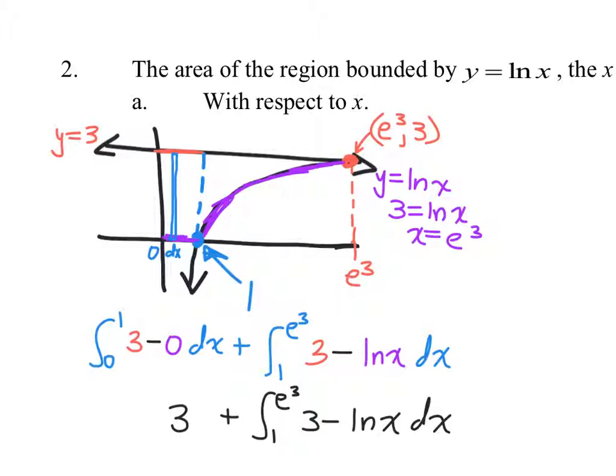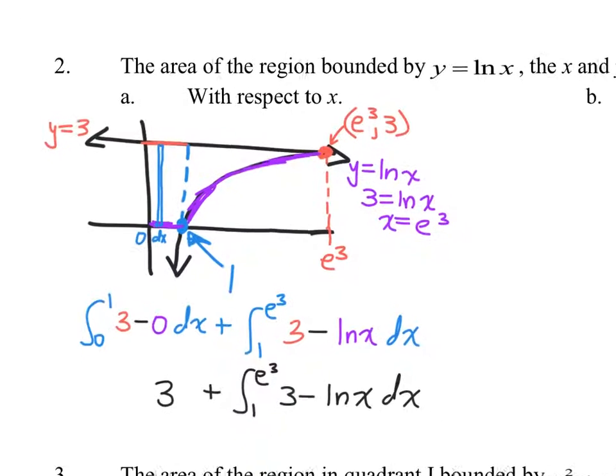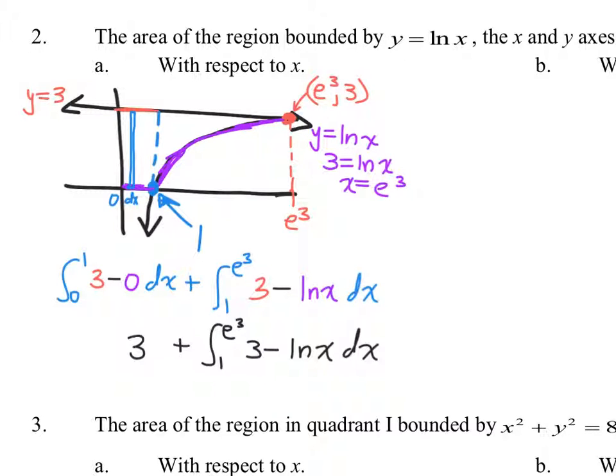And by the way, if you reason this out, just consider the whole situation. Look at this entire region as being rectangular. You should be able to come up with the easiest way to do this, which would be to say, all right, well, why don't I figure out the area of the region that I don't want, which would be everything under the natural log curve here.